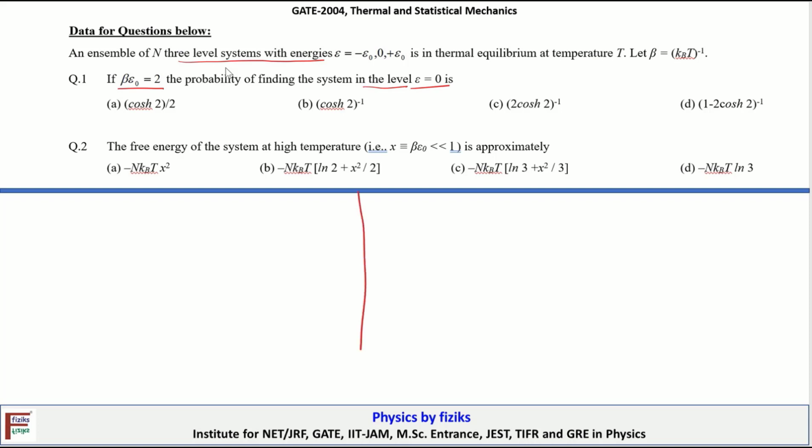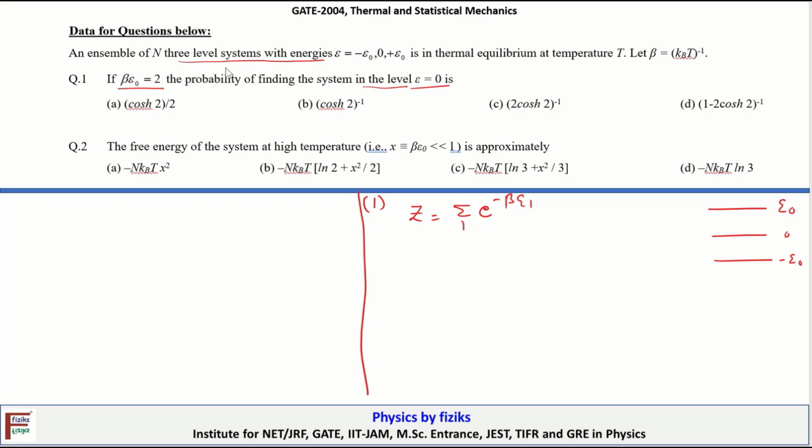We can solve this problem with the help of the partition function approach. Let me draw the energy diagram first. We have a 3-level system with energies minus E0, 0 and E0. The partition function for this system will be Z equal to the sum of exponential of minus beta Ei. Because it's not mentioned whether these energy states are degenerate or non-degenerate, we will take them as non-degenerate.